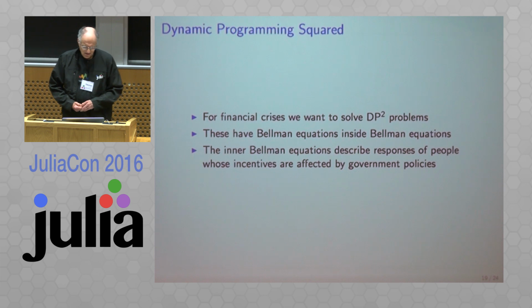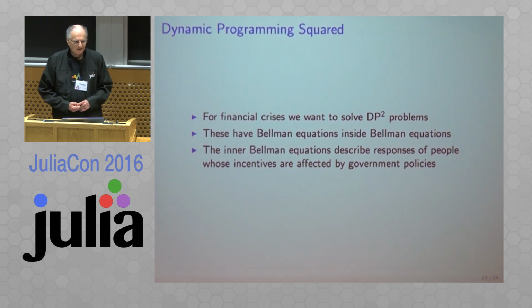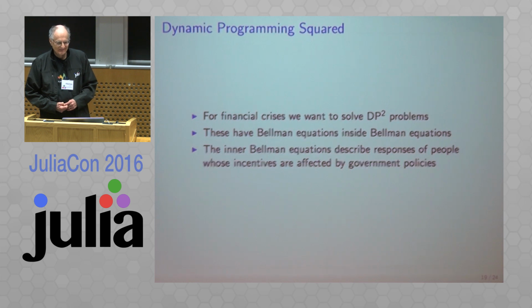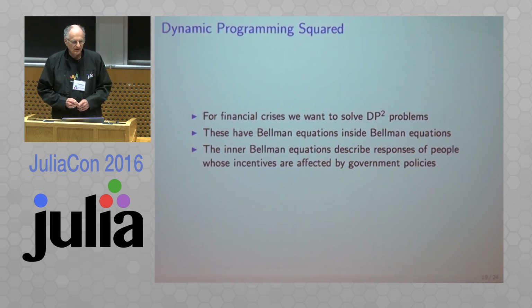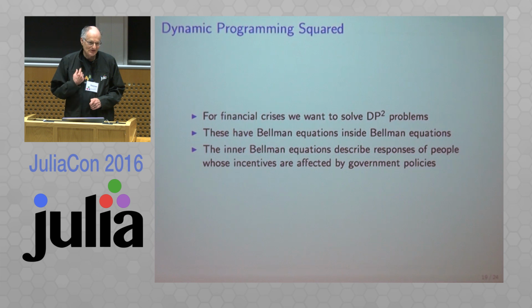So what these things are, they have Bellman equations inside the Bellman equation. So I know what you're thinking. I'm going to get famous by having a Bellman equation cubed. And actually, I went to a lecture about, it blew me away, metaprogramming. Okay, but don't do that, because I'm going to do that.